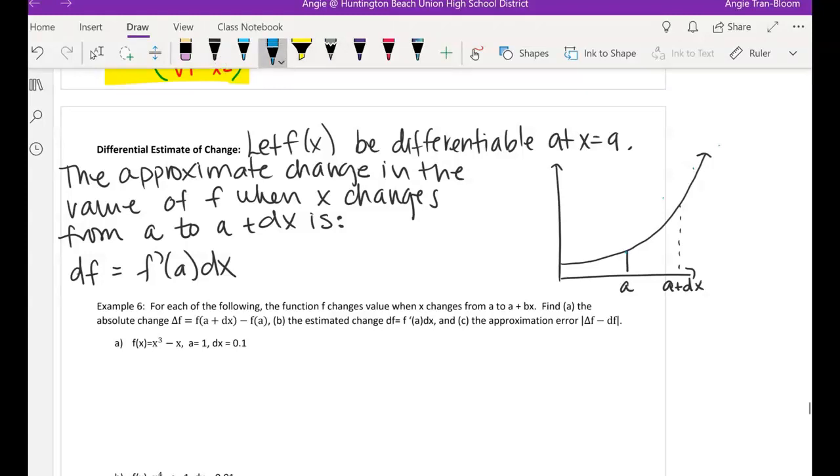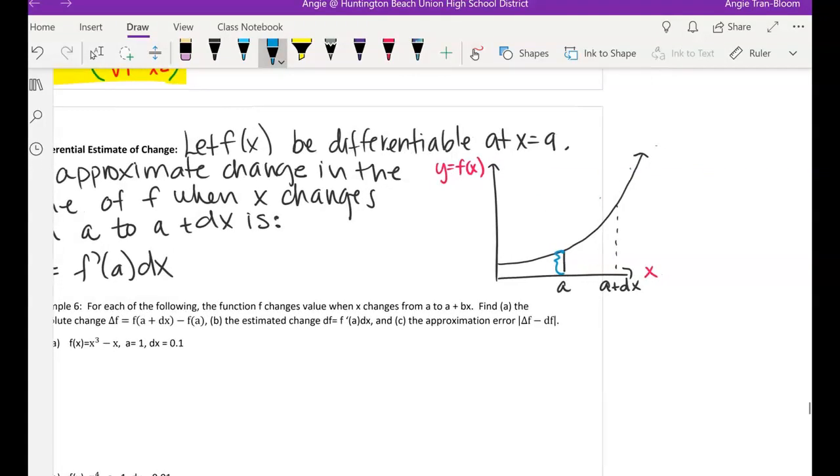So if I pick a, then this value right here, well, let's label this. This is the x coordinate, and this is the y coordinate, which is also f of x, okay? So if I pick a, would you agree this blue distance that I just got done drawing is the y value of a? So in theory, it's f of a, okay? So that's a y value. If I pick a plus dx, that space to the right, then this right here is the change in x, which is called dx, okay?